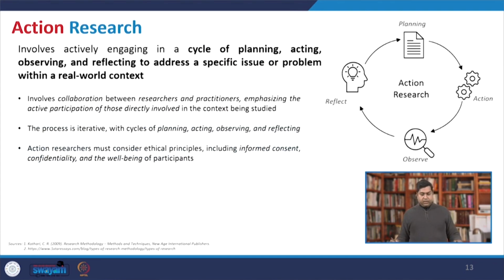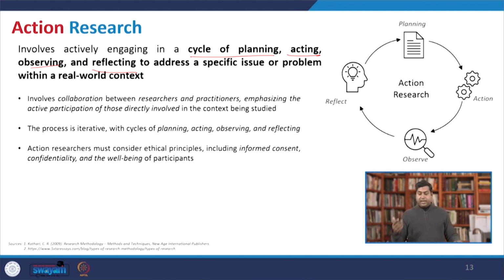Now the last category in this case is action research. It involves actively engaging in a cycle of planning, acting, observing and reflecting to address issues of a real world problem. Normally, we think, okay, this is the problem and this should be done.